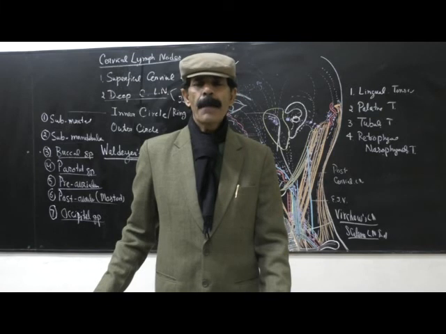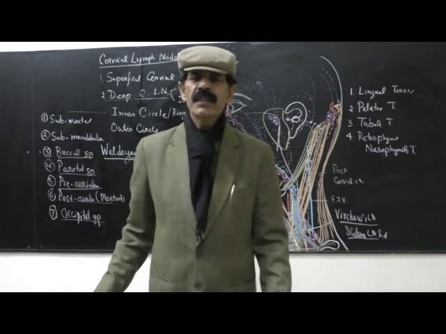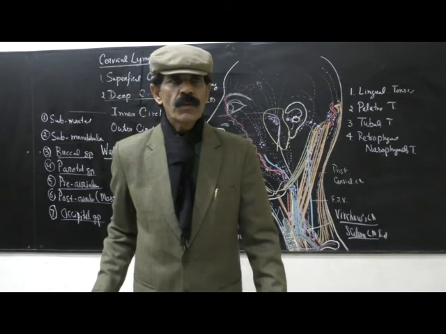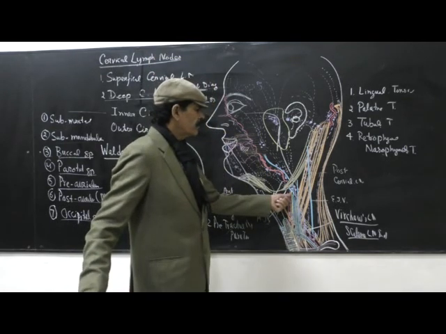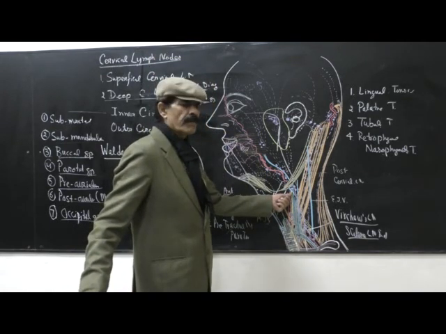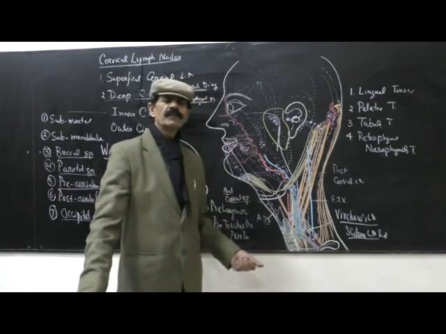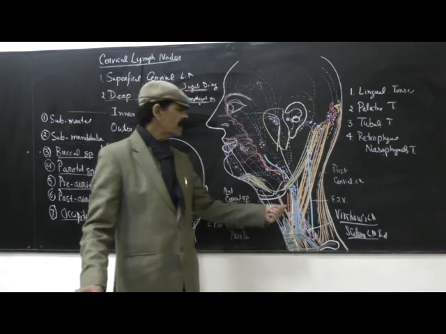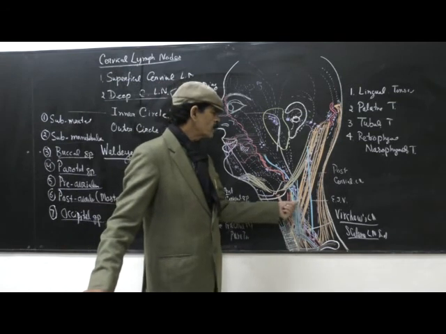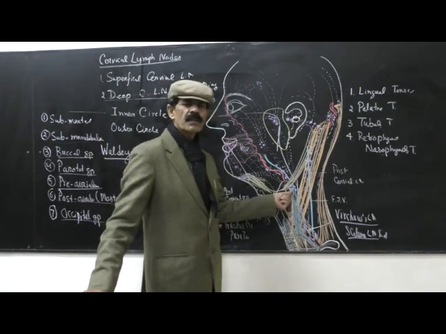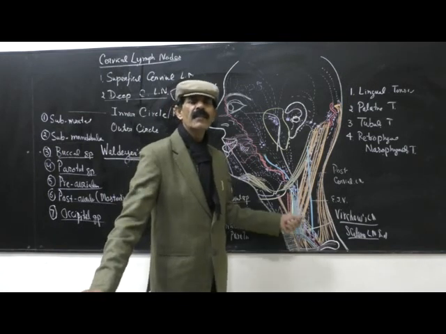And another, in order to make the diagnosis, we have to do a biopsy of the lymph nodes in the cervical region also. So while a surgeon is taking an FNAC or excision biopsy of the lymph node in the cervical region, he or she must know the relation of the superficial and the deep group of lymph nodes, because both are in relation with the external jugular vein and the internal jugular vein.